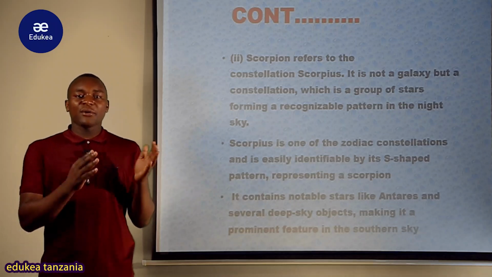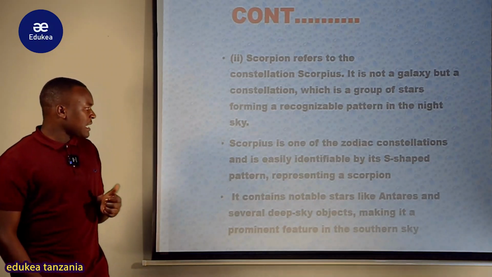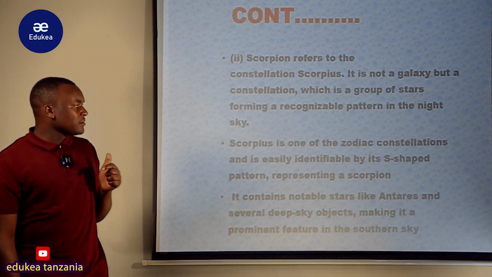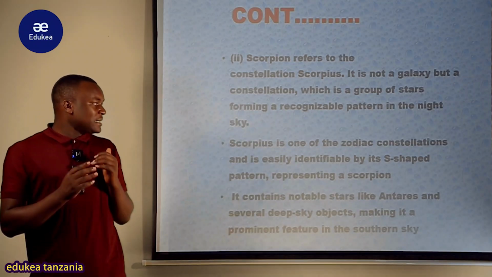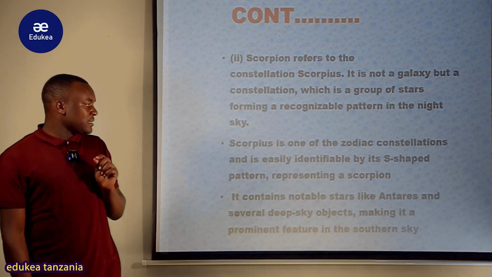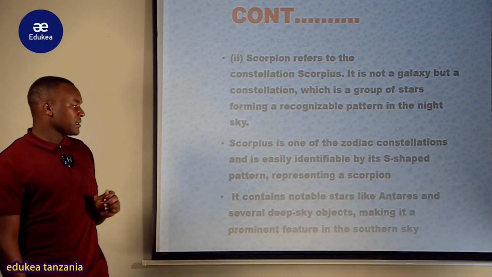We say that Scorpius is one of the zodiac constellations and is easily identifiable by its S-shaped pattern representing a scorpion.